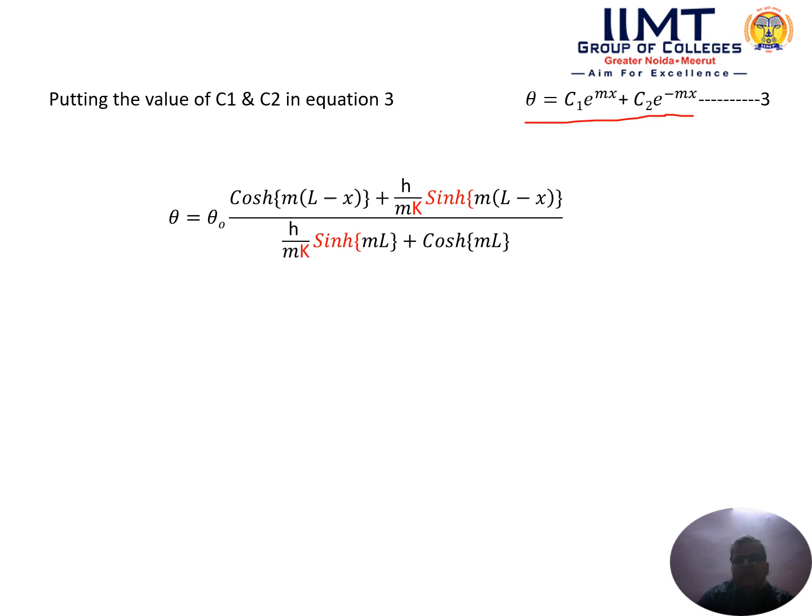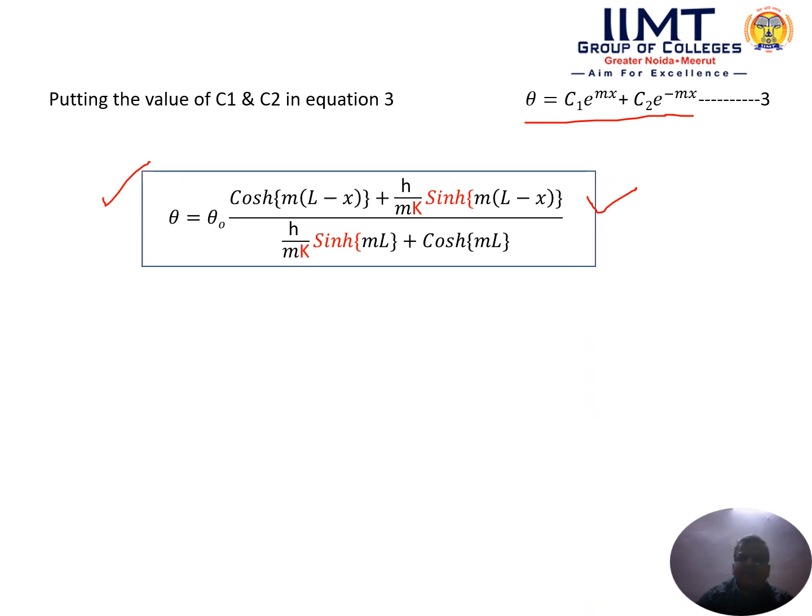Similarly here, we have to find d theta by dx at x is equal to 0. Then we have to differentiate that temperature distribution equation with respect to x, and then we can easily get the value of d theta by dx at x equal to 0. Then by putting this we can easily get the heat transfer rate for case number 3.